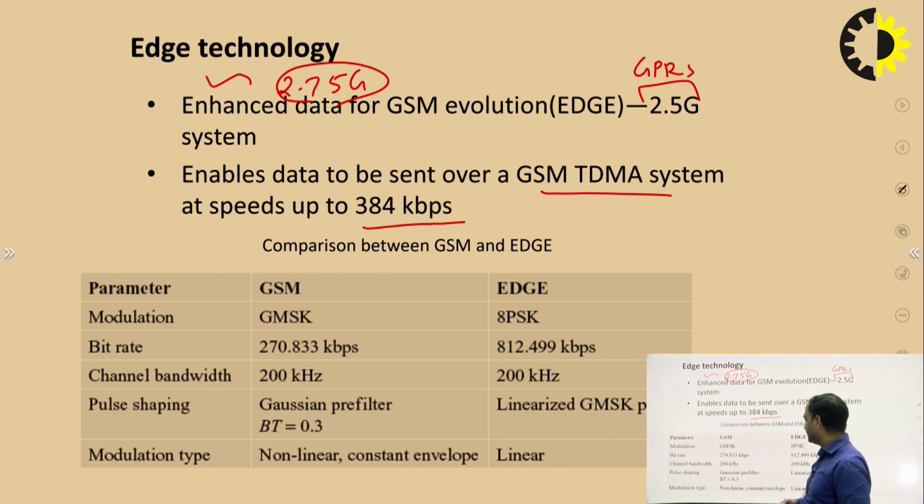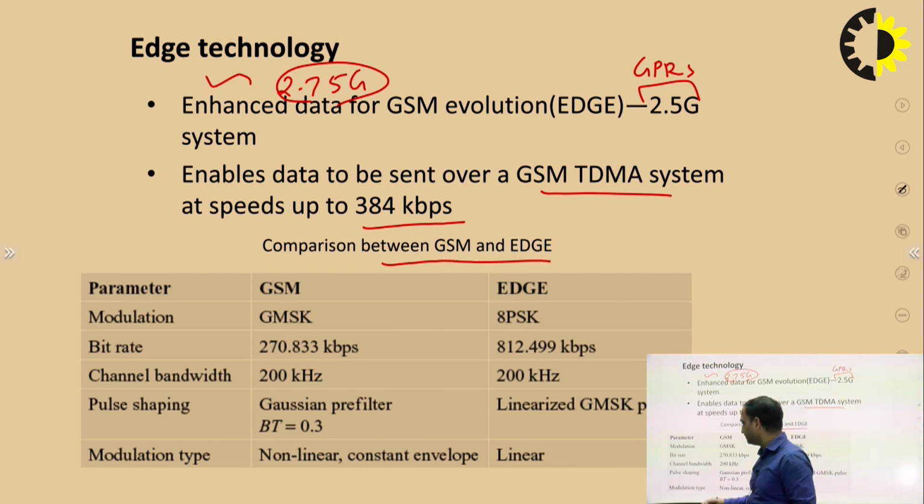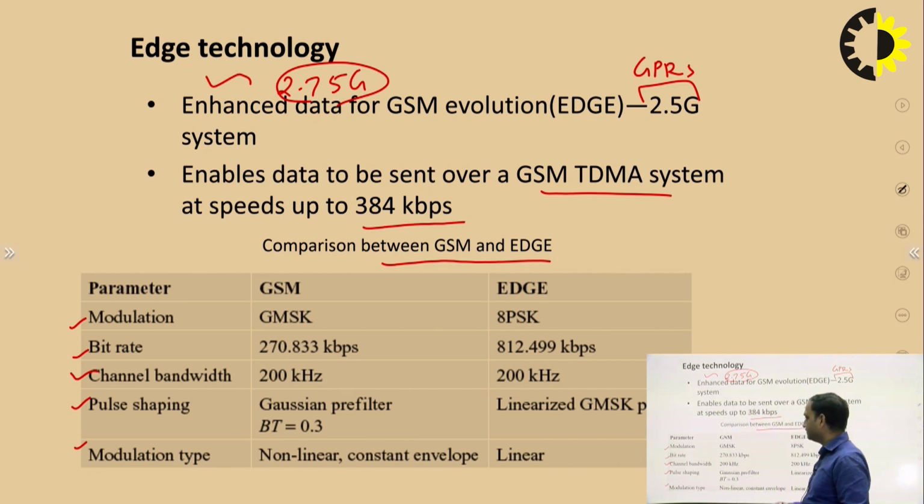Here is the comparison between GSM and the EDGE technique. The comparison parameters are: first the modulation, then bit rate, channel bandwidth, pulse shaping, and the modulation type. In GSM, the modulation technique used was GMSK, and it is enhanced in EDGE to 8 PSK.